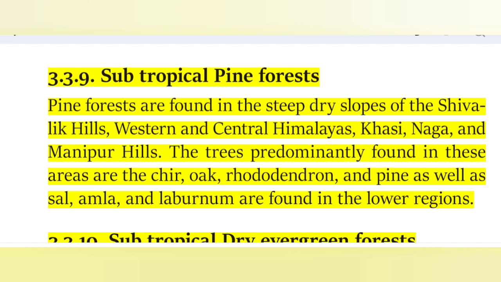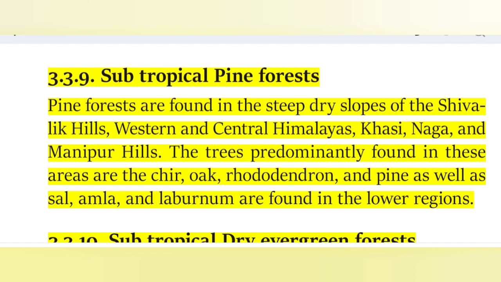The trees predominantly found in these areas are chir, oak, rhododendron, pine as well as sal, amla, laburnum found in the lower regions. So, subtropical pine forests are found in the steep dry slope of the Shivalik hills.